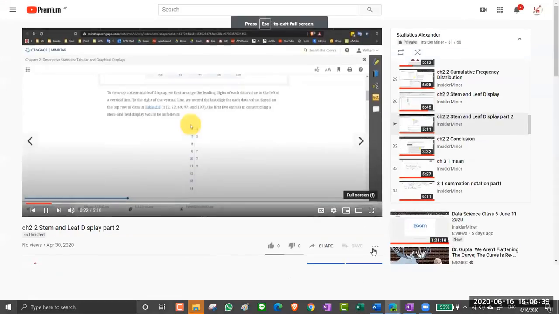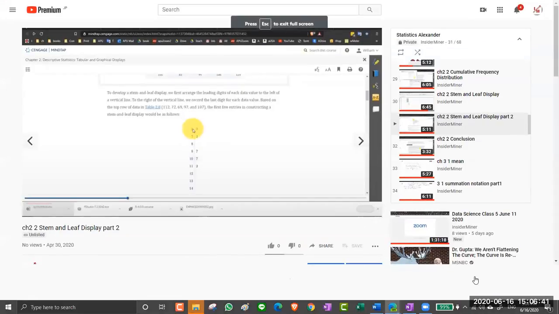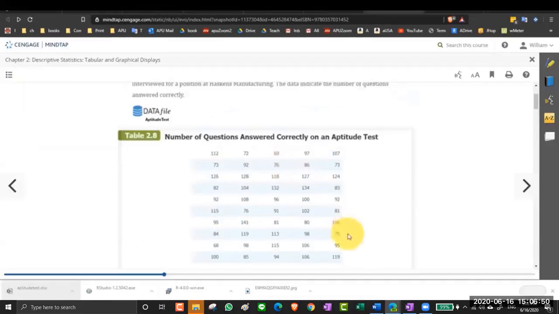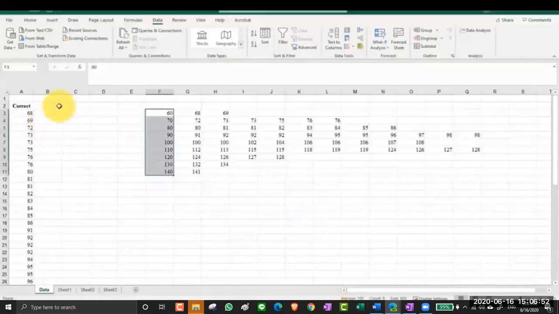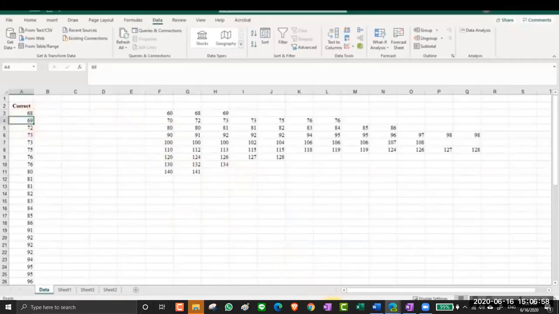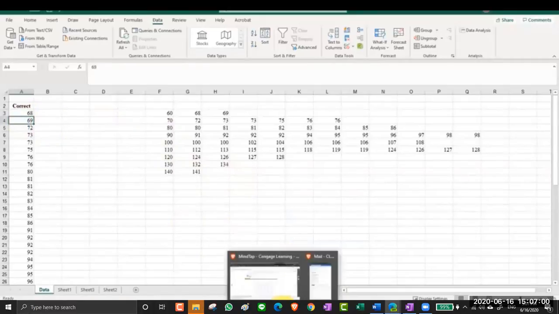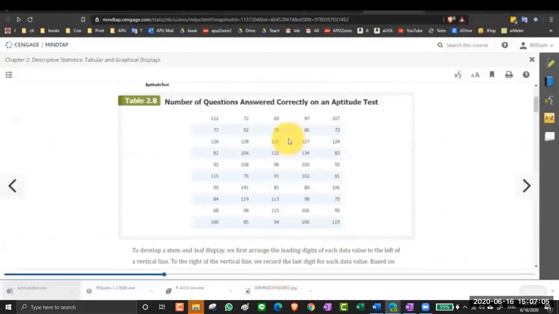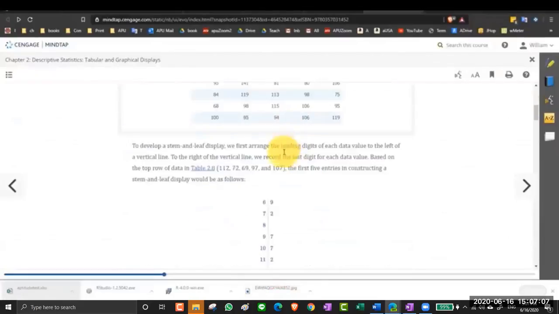To make the stem and leaf, they actually don't say 60, 70, 80, 90. They say 6. The smallest element apparently was 68, and 69. So they say we found a 69, so we'll put a 6 and a 9 there.